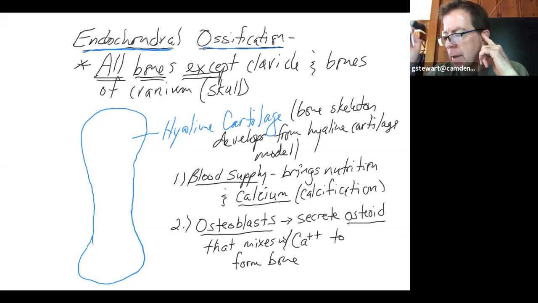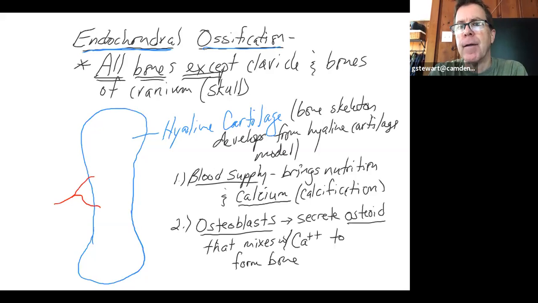I know it's difficult reading sometimes, but your book goes through step one, a bone collar forms around the diaphysis of a hyaline cartilage model, blood vessels infiltrate. So step one in your book says blood vessels infiltrate this area. That's because that's a requirement. It's a major ingredient. So remember, this is a hyaline cartilage model.